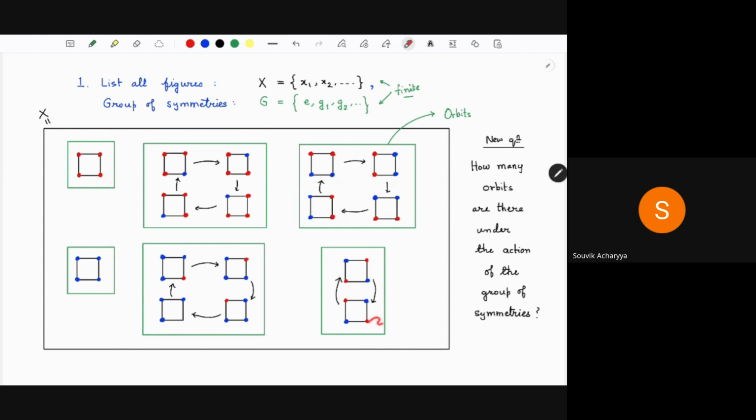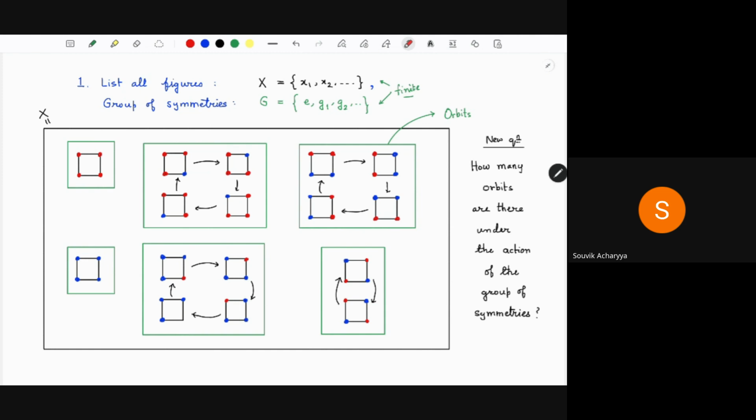This object has two figures, and all others have four. So our question of counting the number of objects, or distinct figures, distinct up to this action by G, essentially boils down to asking how many equivalence classes there are.